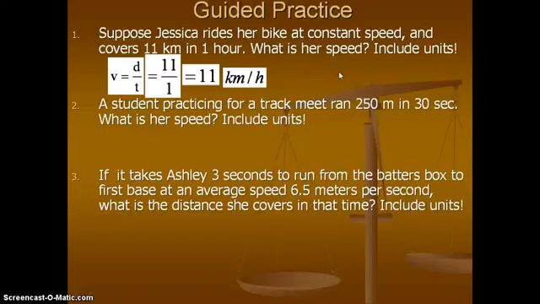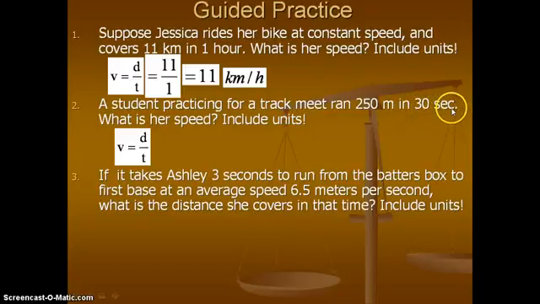Number 2. A student practicing for a track meet ran 250 meters in 30 seconds. What is her speed? Include units. So again, just start by writing the formula. We want distance over time. What distance did this student go? Did she go 30?